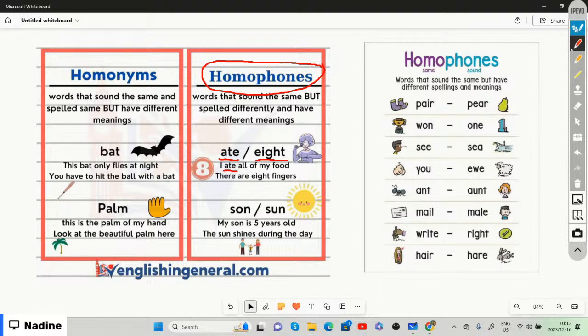And there are eight fingers. So which means that we have two different words over here that sound the same, which is eight and eight. But as we can see, the spellings are different, as well as the meanings of these words are different.